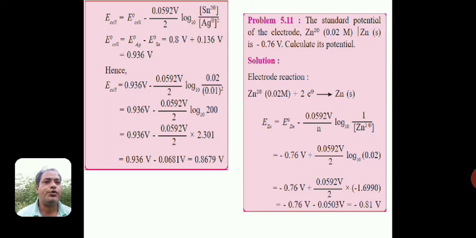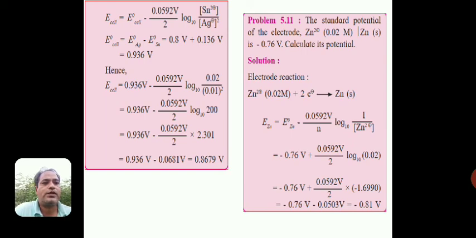So if we substitute the values given in the problem, E0 of Zn, that is minus 0.76 volt, plus 0.0592 divided by 2, where n has the value of 2 because 2 electrons participate in this reaction, log to the base 10 of 0.02.